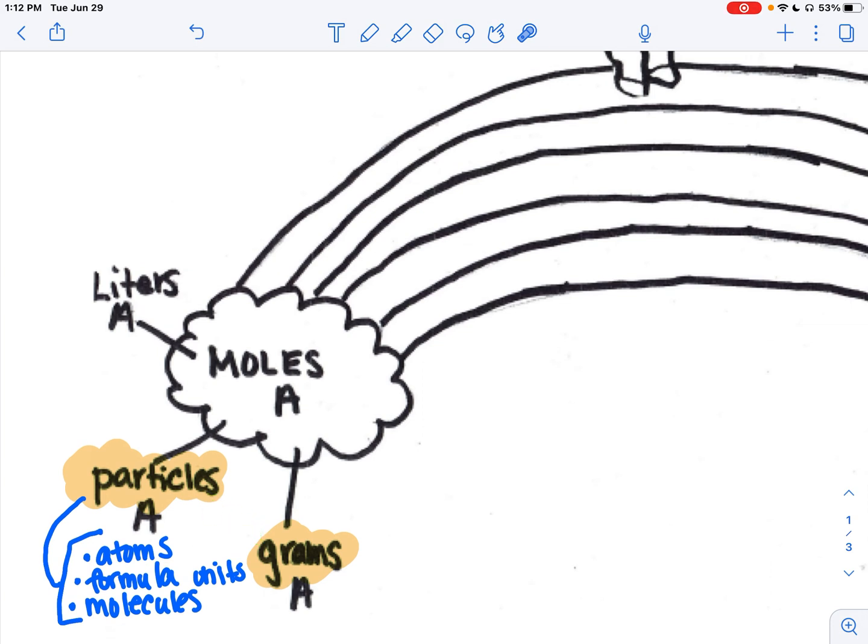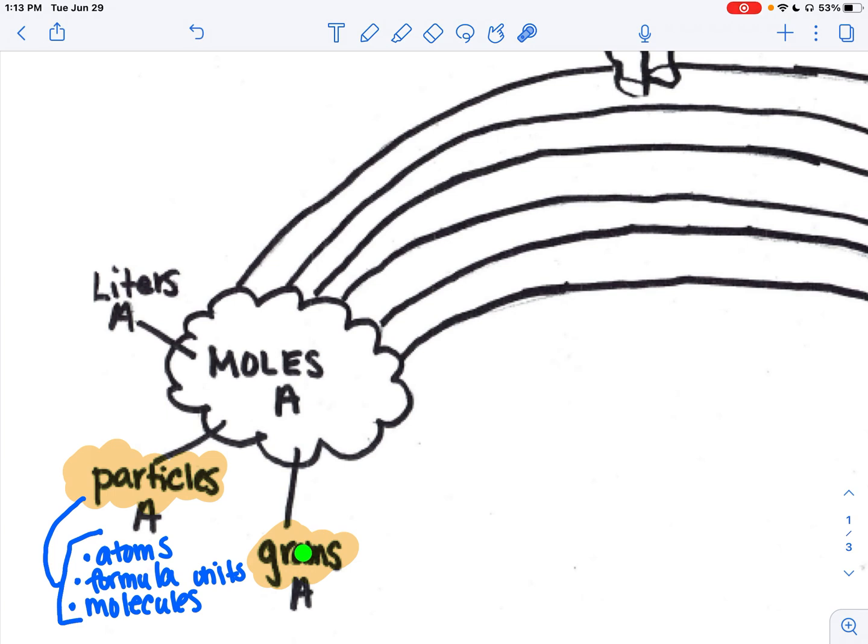But when I went to Montana, there was no direct flight from Boston to Montana because no one really wants to go to Montana. So I had to stop in Denver and then go to Montana, okay? So if you're at grams, you have to go to moles before you can go to particles. Each unit gets a factor.